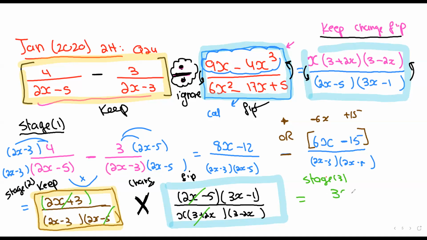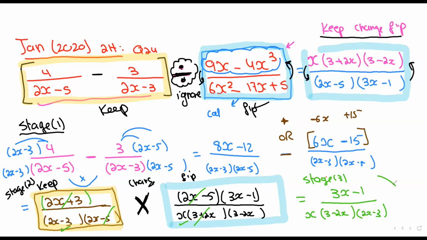So what remains up is 3x minus 1 and what remains down is الx والبراكت اللي جنبها ده اللي هو 3 minus 2x والبراكت اللي هنا ده اللي هو 2x minus 3.